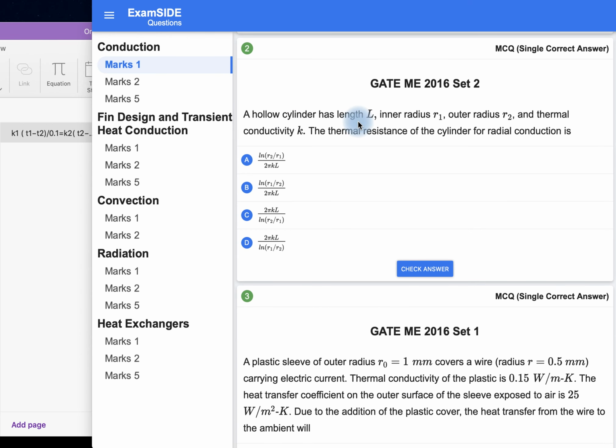Our next question is: a hollow cylinder of length L, inner radius R1 and outer radius R2 and thermal conductivity K. The thermal resistance of the cylinder for radial conduction is? We know the formula Q is equal to 2 pi KL into delta T upon ln of R2 by R1.